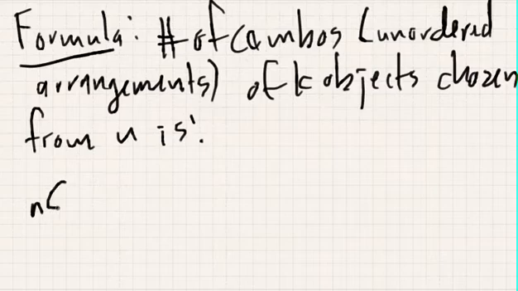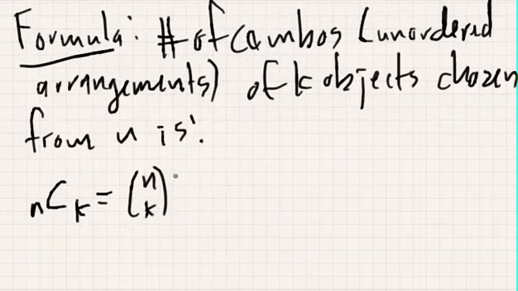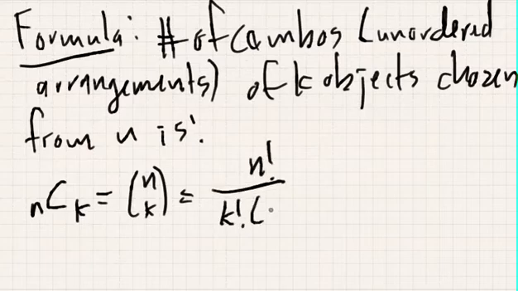One is we write nCk just like the nPk notation, but another common way of writing this is parentheses with n on top of k. And the formula here is n factorial divided by k factorial times n minus k factorial.